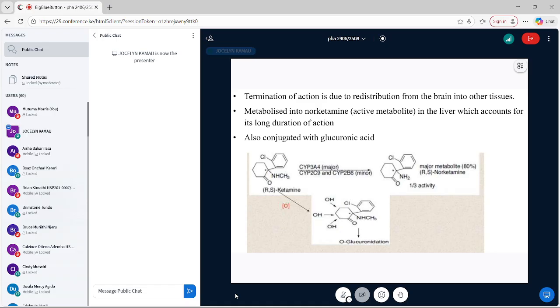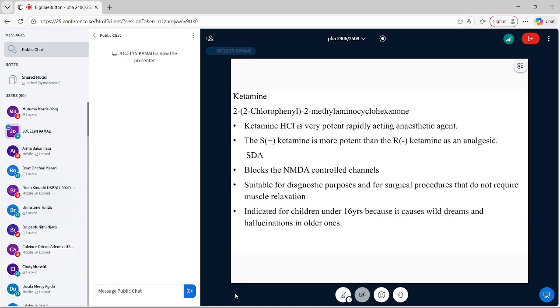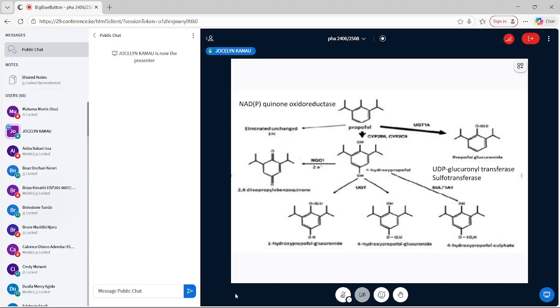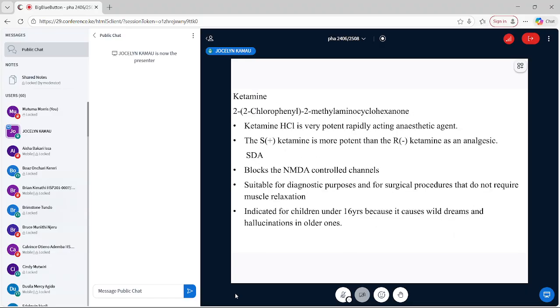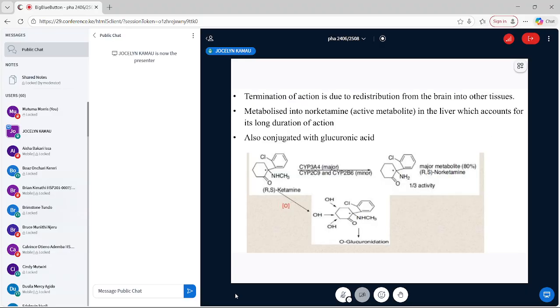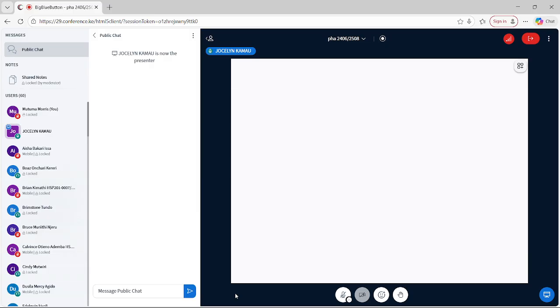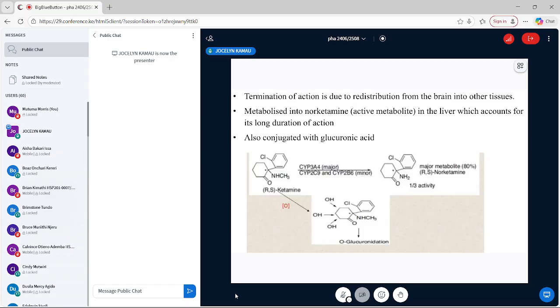So you can be able to understand the name now. We start with the position 2, and the 2 outside represents the position on the parent compound, and the parent compound is the cyclohexanone. So we say 2 outside, and then we have the 2-chlorophenyl, again 2-methylaminocyclohexanone.